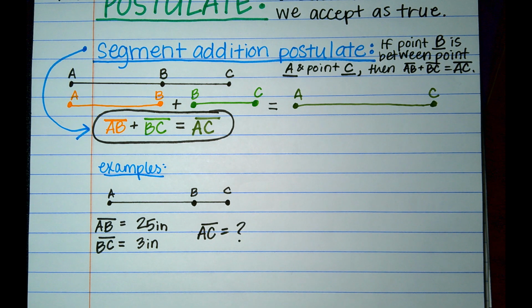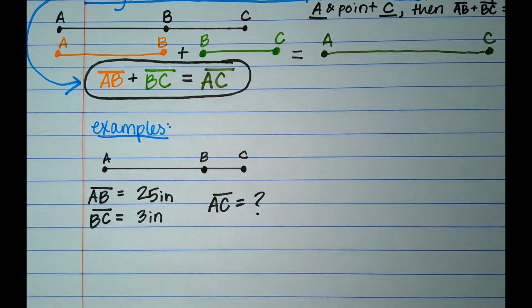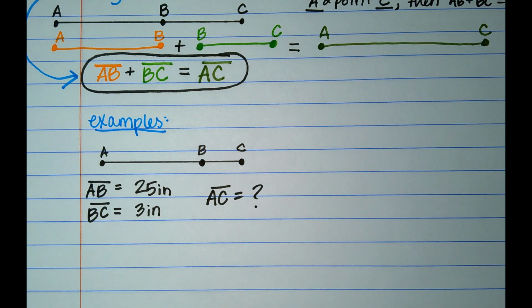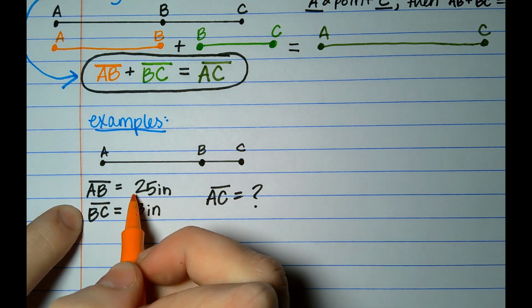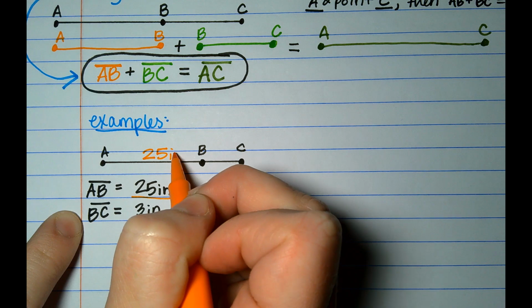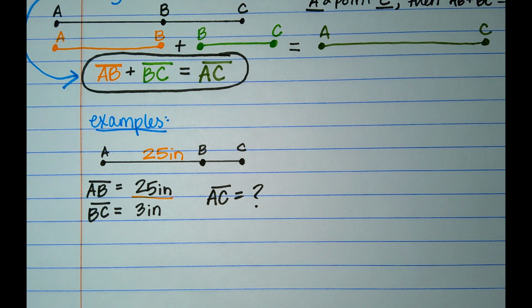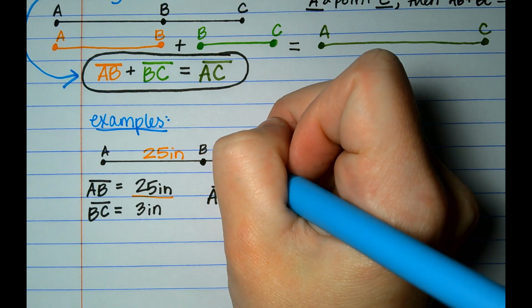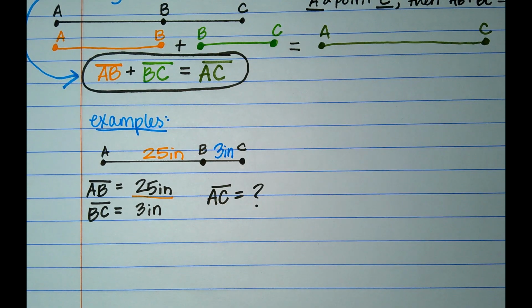So I'm going to write out how we would solve this. This is how I would do it. I would start by labeling my drawing. A to B is 25 inches. So here is 25 inches. From B to C is 3 inches. So I'm going to write 3 inches right here.